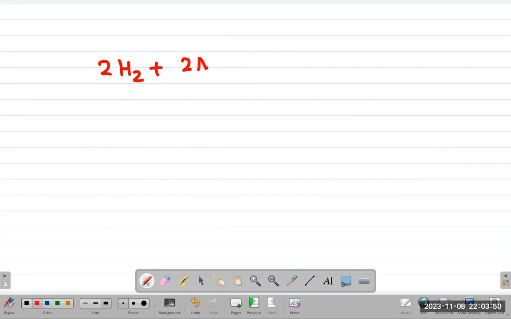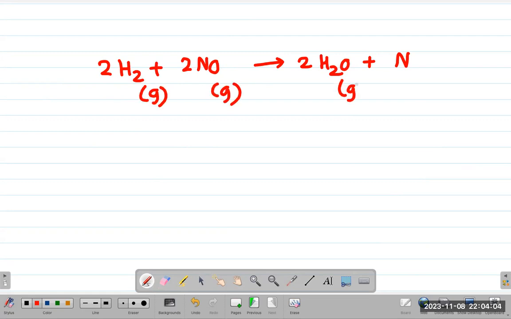Just a review of how we are finding the rate of the reaction experimentally. For example, in the equation that we mentioned here, 2H2 plus 2NO gives us 2H2O and N2, and these are all gases, by the way. In order to find the rate of the reaction, you have to do a series of experiments in which you fix the concentration of one of the reactants first.